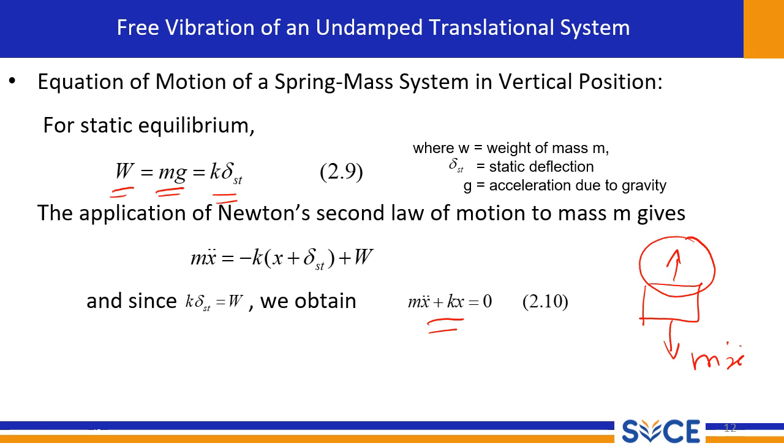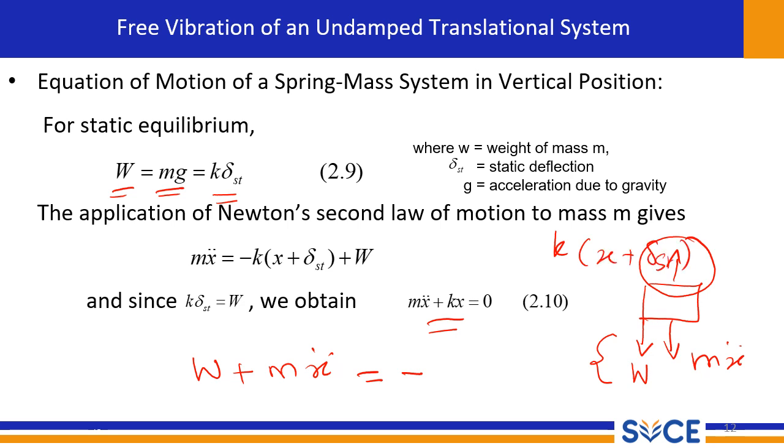Additionally, mx double dot, the accelerating force, is added with the weight which is acting downwards. So according to this free body diagram, the forces acting downwards are W plus mx double dot, which is equal to the force acting upward, the spring force, that is k times (delta static plus x).